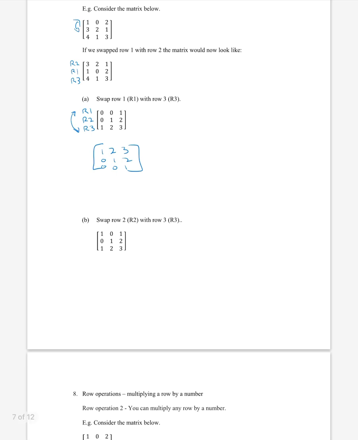Try swapping a row for yourself. In question B, they ask you to swap row 2 with row 3. So our resulting matrix looks like this. We rewrite row 1, and we swap the other 2 rows.